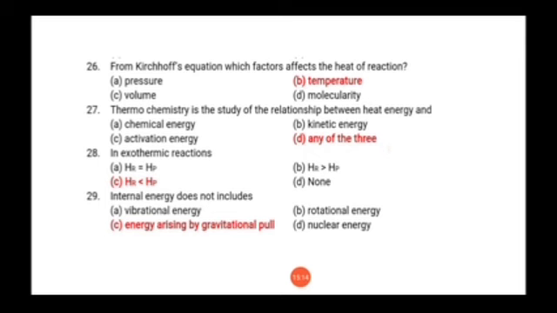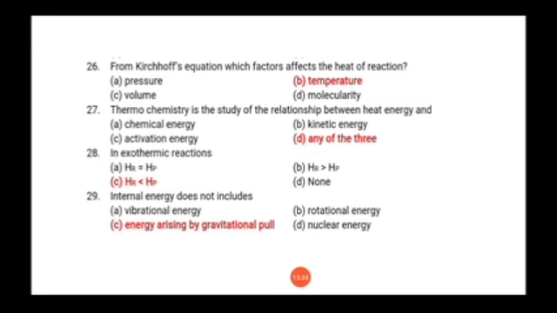So you know that thermochemistry. What is thermochemistry first? To give this answer, you must know that thermochemistry means it's a bridge between chemicals and thermodynamics. So we do concern about chemical energy, kinetic energy, activation energy, vibrational energy, enthalpy, entropy, heat of formation, heat of combustion.